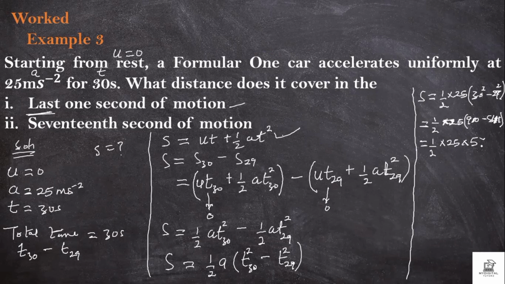So I'm going to have 25 multiplied by 59, everything divided by 2.